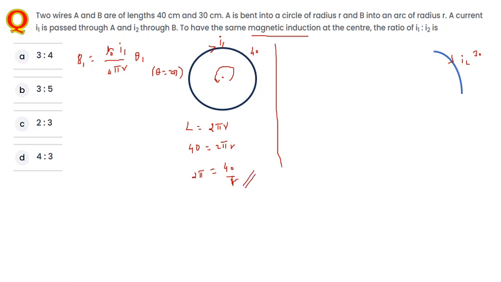Now instead of theta, you mention 2 pi. Here B1 is equal to mu naught I1 divided by 4 pi r, and instead of theta I mention 40 divided by r.